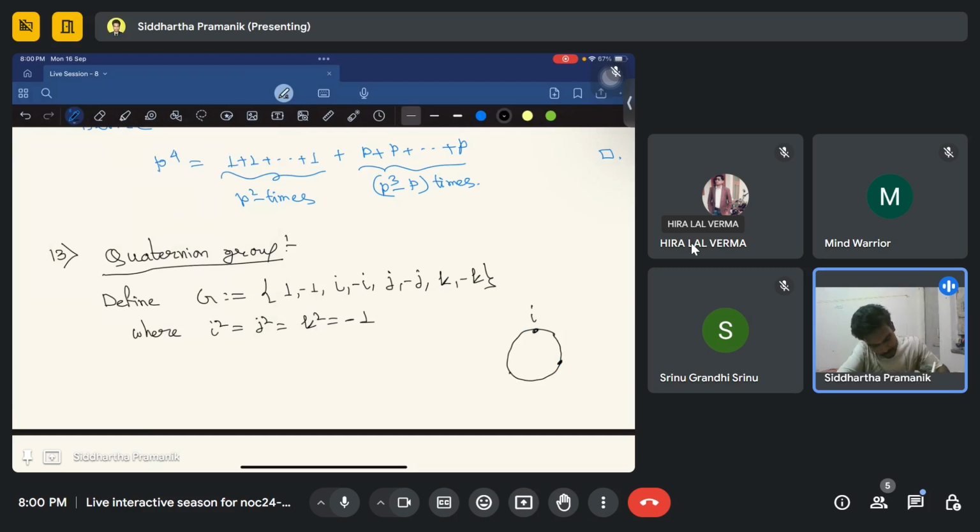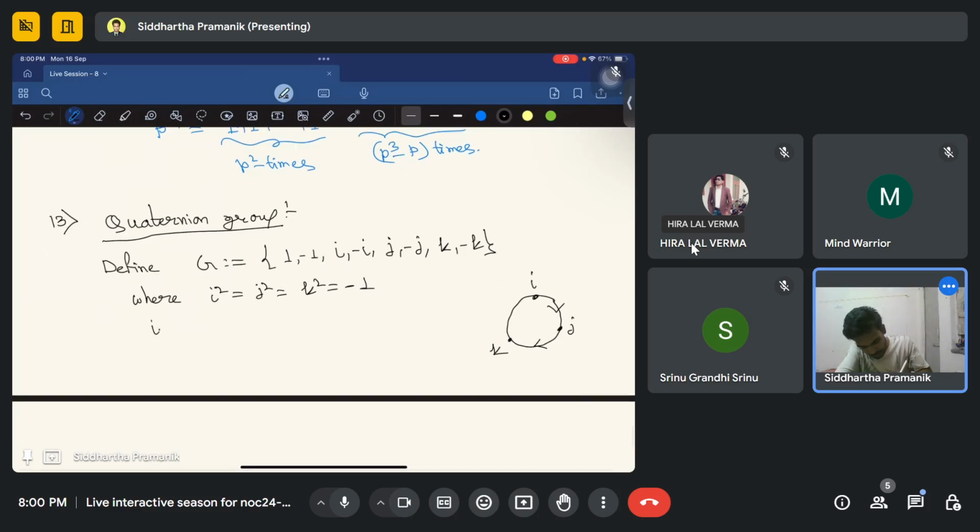So this is i, this is j, this is k. If we go in this clockwise direction, we will get positive. That means if we multiply i with j, we will get k. If we multiply j with k, we will get i. If we multiply k with i, we will get j.